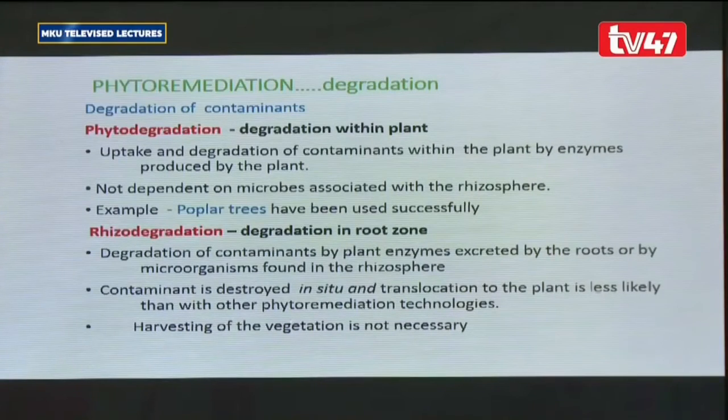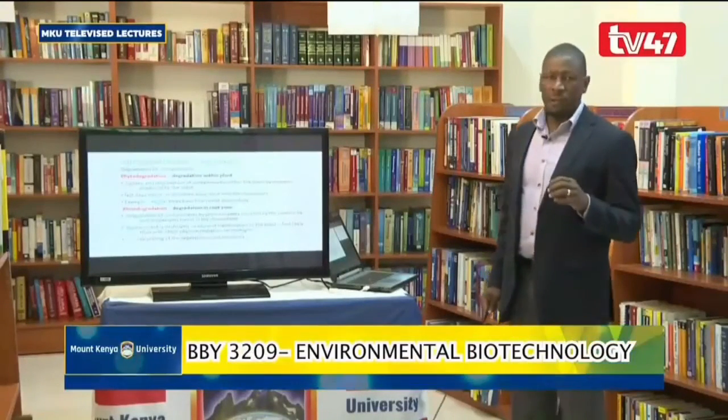All plants, or most plants, usually where they are growing, there are certain microorganisms which associate with them through what we call symbiotic relationships. They help each other out in their survival. So in phytodegradation, these microorganisms that grow next to the plant do not assist in the degradation.